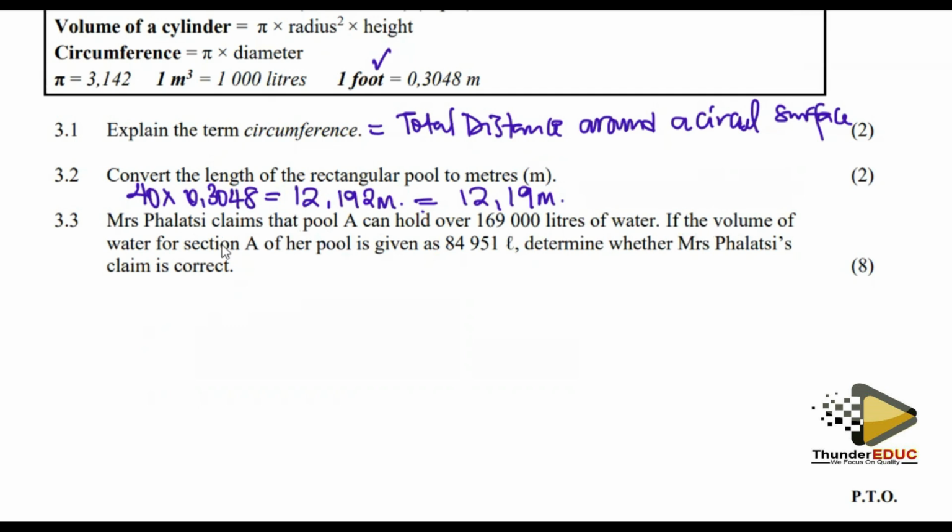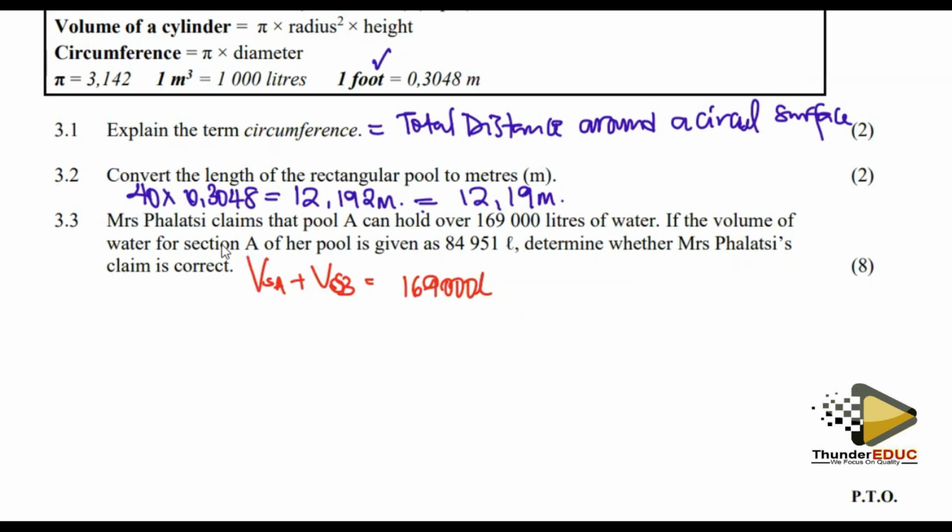So we need to get the volume of section A plus the volume of section B, and it should equal to this. If at all it does not equal to this, then it will be invalid. All right.